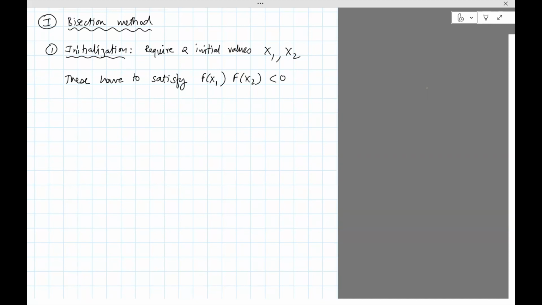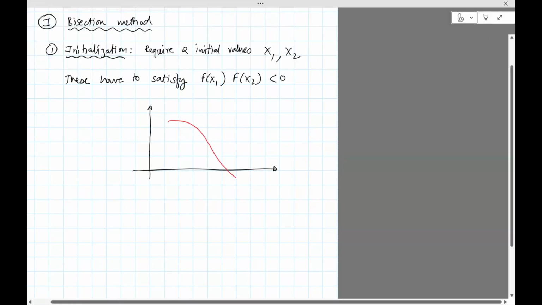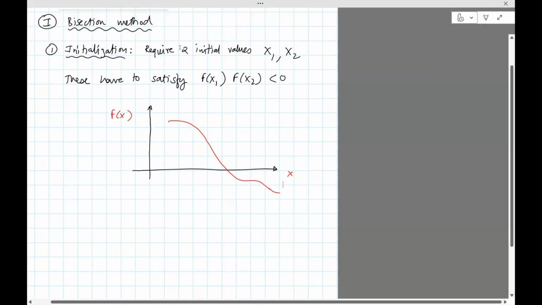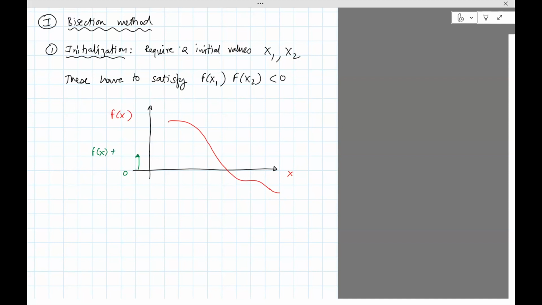So why f of x1 times f of x2 less than 0? Let's look at a plot of some curve f of x as a function of x. Note that this is the 0 line. Anything above this, f of x is positive.